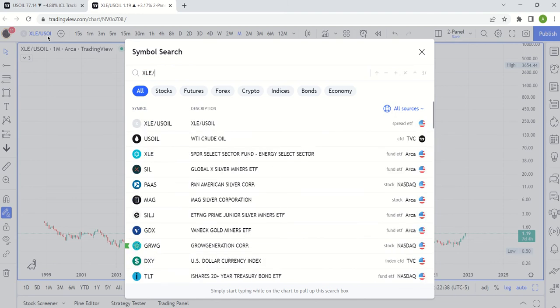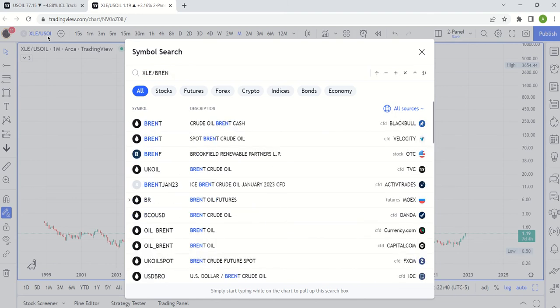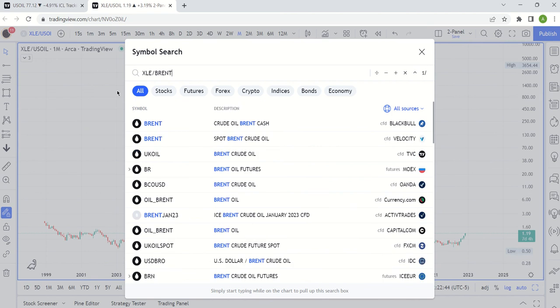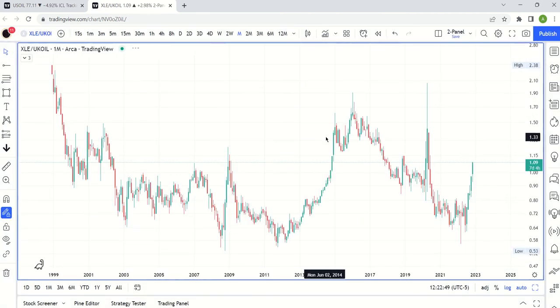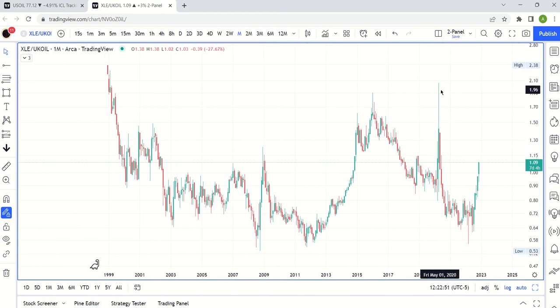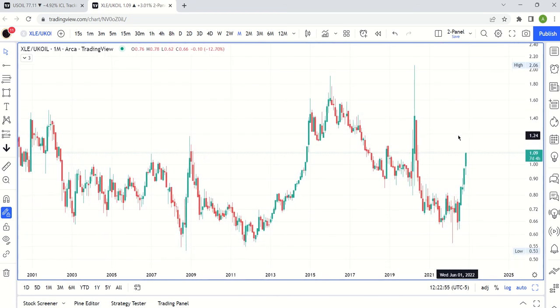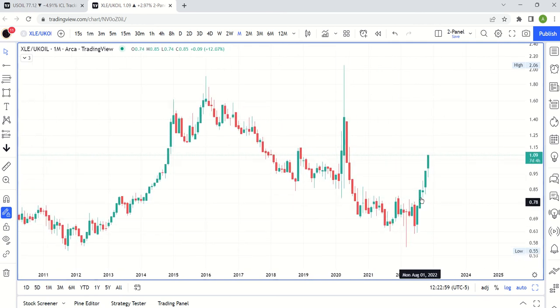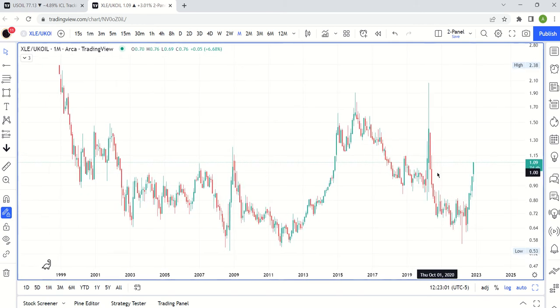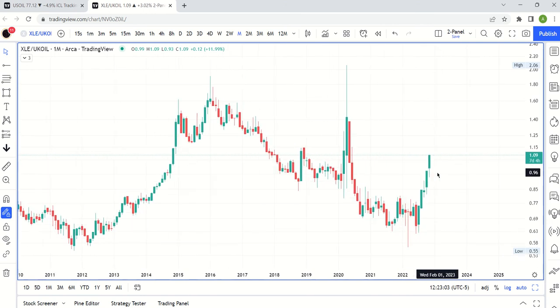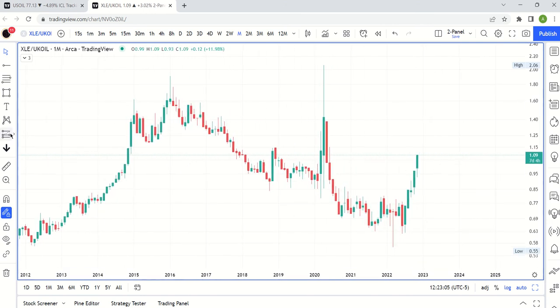Let's try Brent. Okay, that might look cleaner. It still has that ugly month, but it was a crazy reaction from price. That is a crazy move, a big move. But it's also relatively early when you think about it.